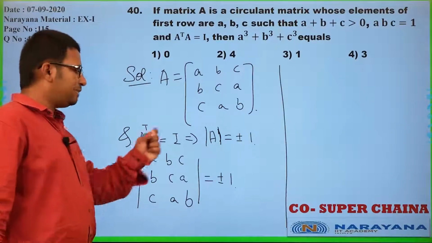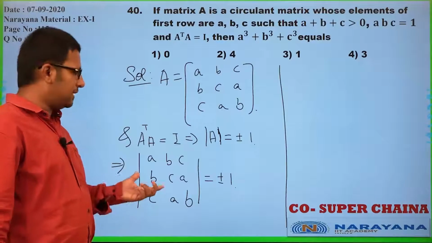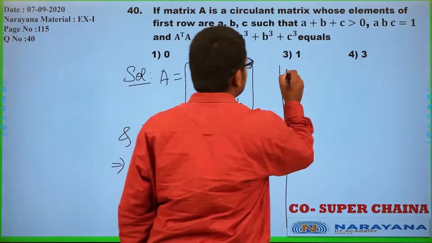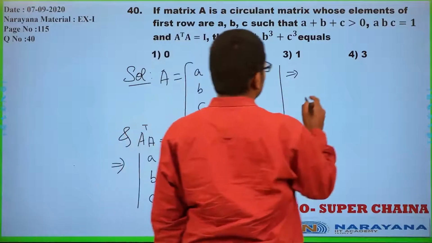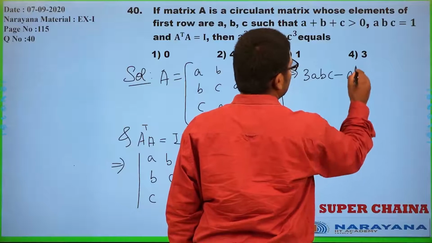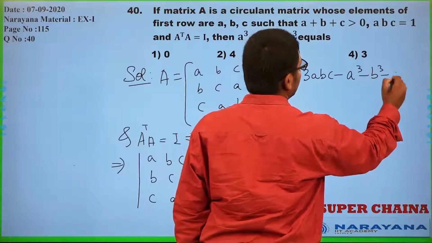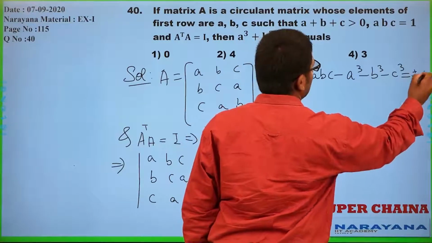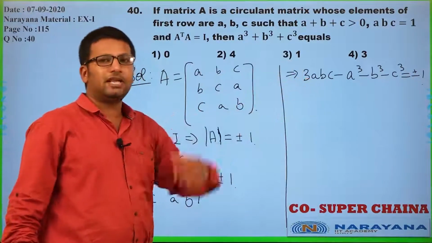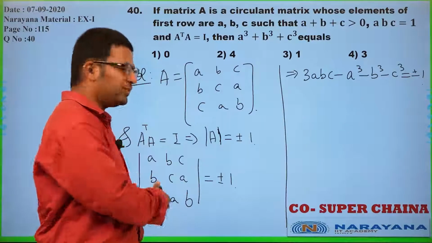Now, this is a very special matrix and therefore a special determinant also. When you expand it, you will realize that its expansion simplifies to 3abc minus a cube minus b cube minus c cube. I suggest you try it.